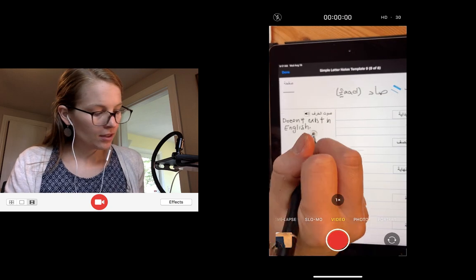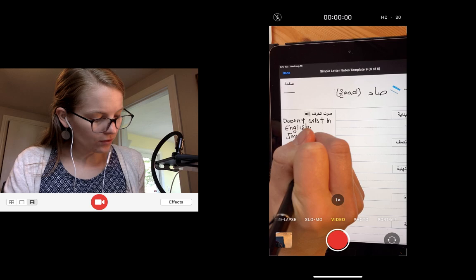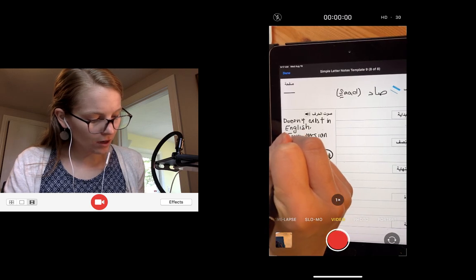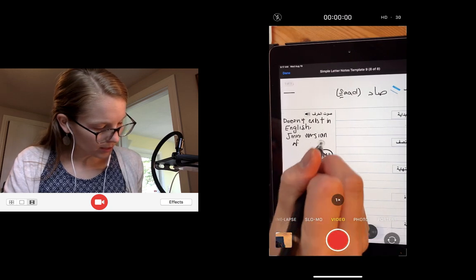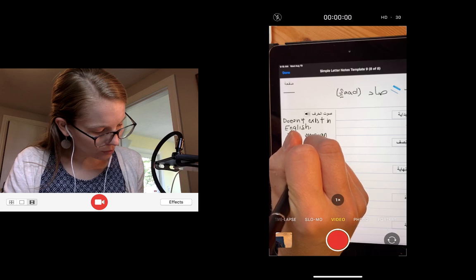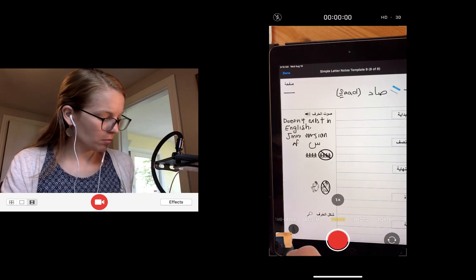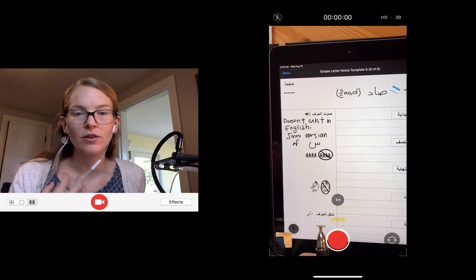Saad is the Jinni version of Sin, right? Because it's a similar sound but heavy. Remember, Jinni is a word we use to describe this, but it's also sometimes called a heavy sound letter, and that's a good descriptor for this sound.